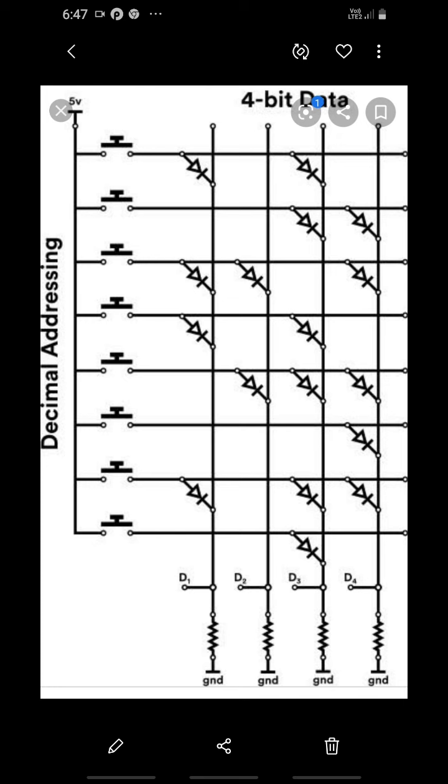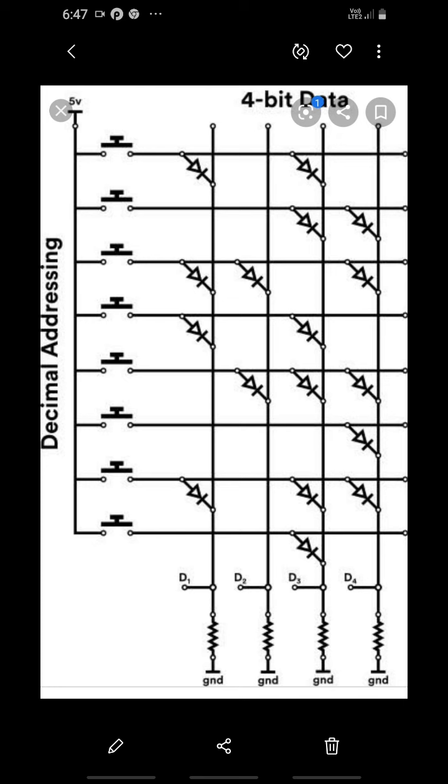Then during the fourth switch, D1 is not connected, D2, D3 and D4 are connected. So R4 is equal to 0 1 1 1.